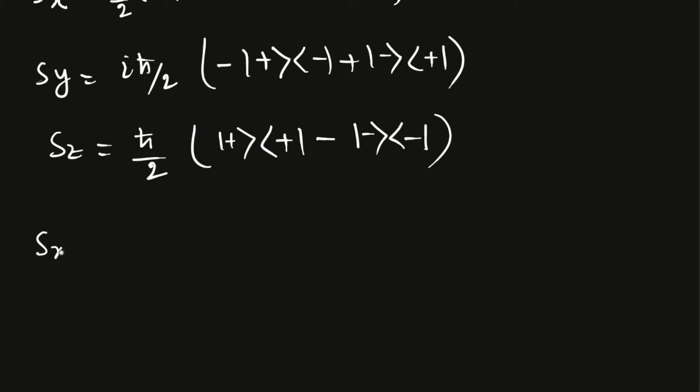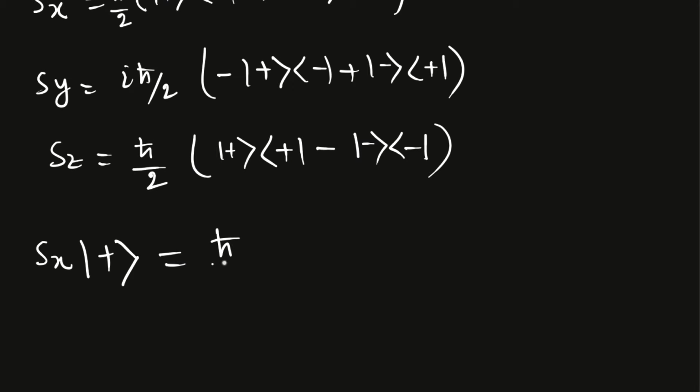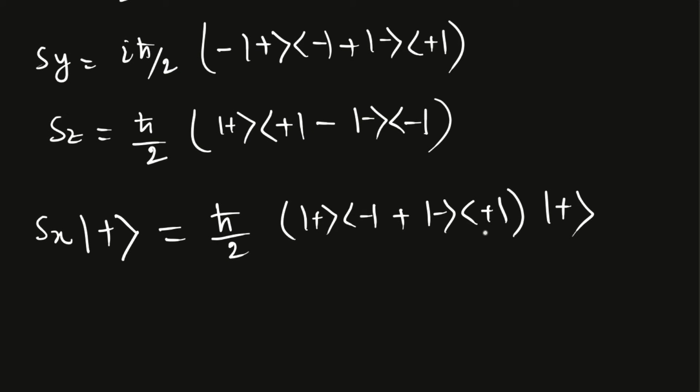Now operate Sx on the plus ket. It will give ħ by 2 into (plus bra minus ket minus, minus bra plus ket plus) on plus. This will be 1 and this will be 0, that means it will give ħ by 2 times minus ket, only this term is left.